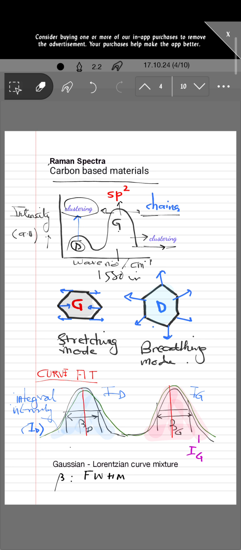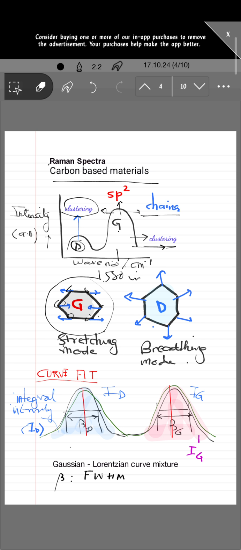Now, what are these bands? The G band, that is the graphitic band, is actually due to the stretching modes of carbon. So we consider one single unit cell of carbon, hexagonal carbon.